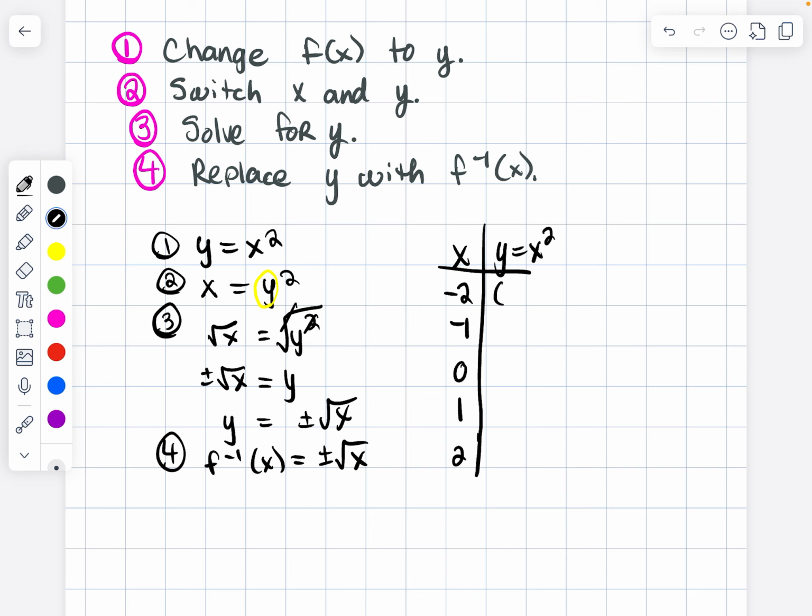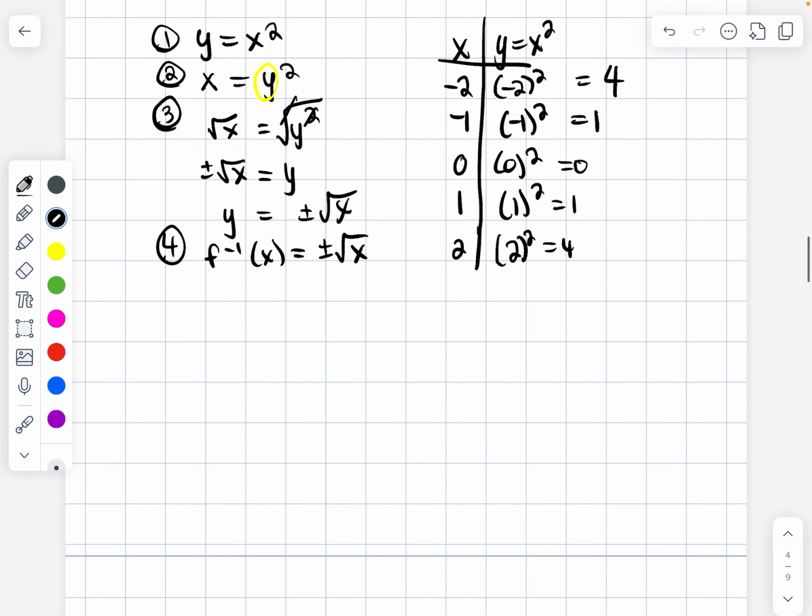So it would be -2 squared, -1 squared, 0 squared, 1 squared, and then 2 squared. So that comes out 4. That comes out 1, 0, 1, 4, right?